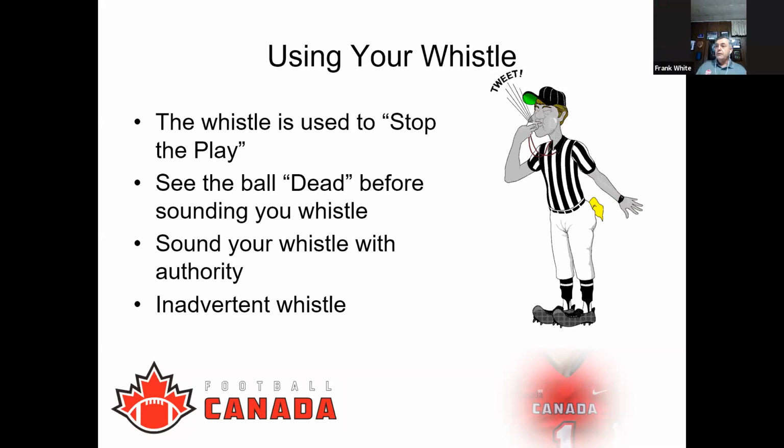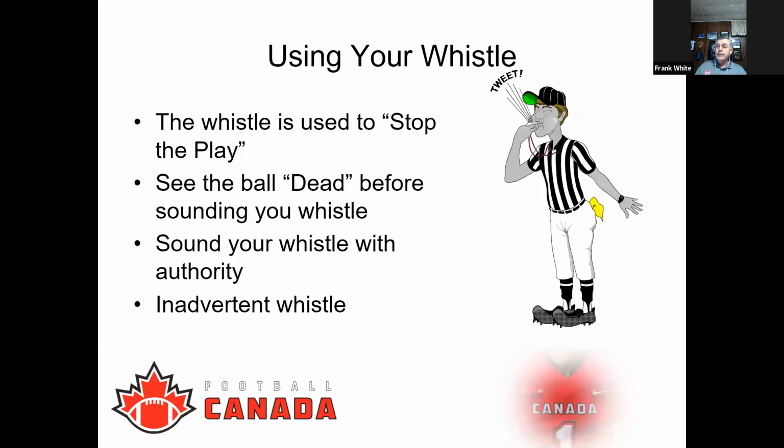Okay, the last thing we'll talk about today is the use of the whistle. You use the whistle to stop play and only to stop play. If the ball's going dead in your zone, make sure that you see the ball.